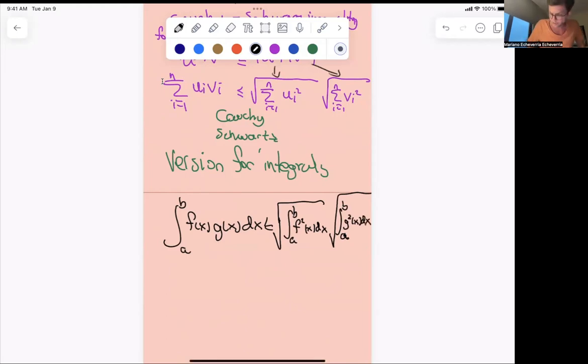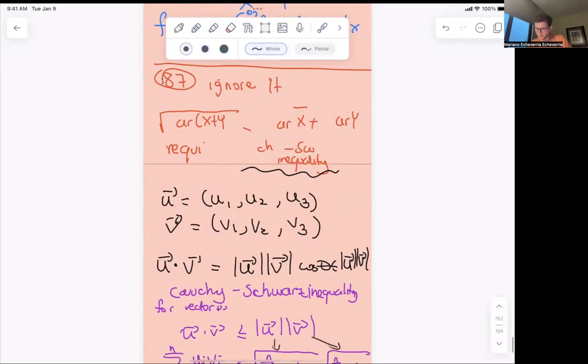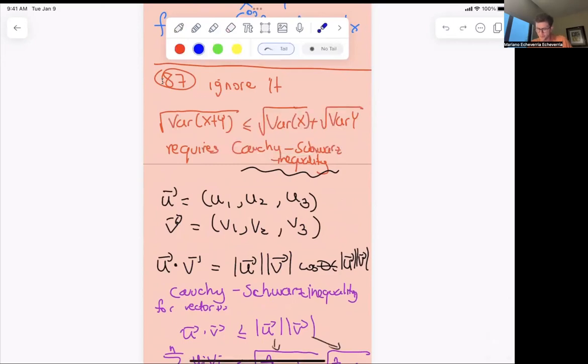Okay, and so you would need an inequality of this form, which we didn't cover, so that's why you don't have to worry about this problem. Something like that will be needed when you prove this inequality for the variances.